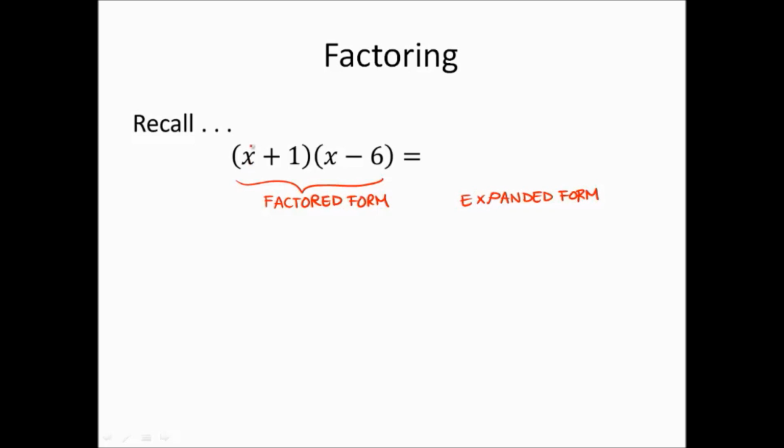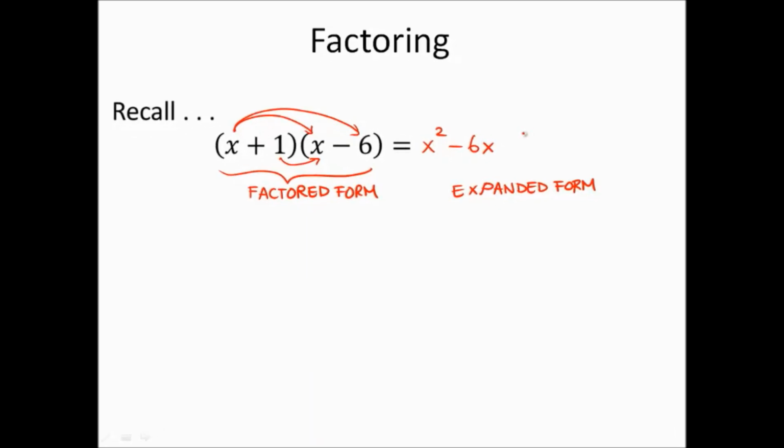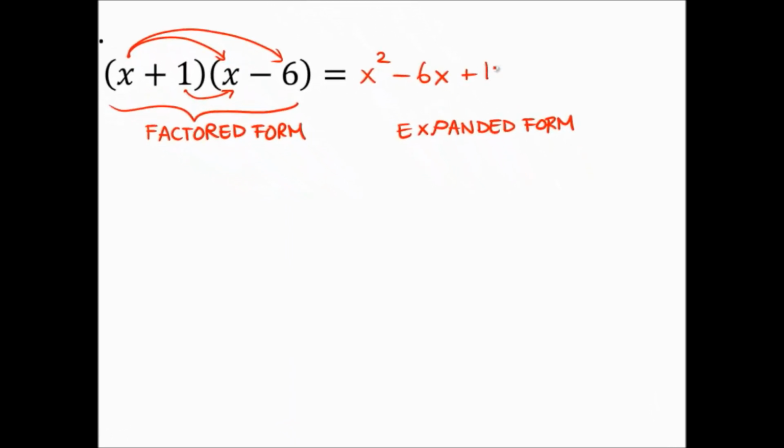Okay, let's take a look at what happens when we distribute. We start with the first term and multiply by the first and the second of the second binomial. So we get x times x, x squared, and then we get minus 6x, and then we get plus 1x, and negative 6, which is the last two terms multiplied together.